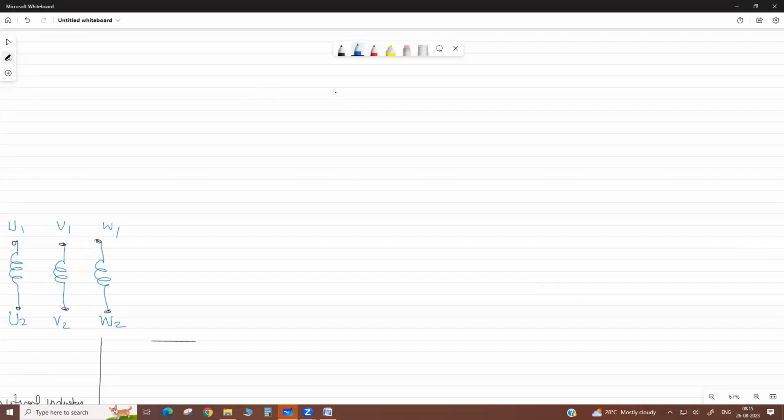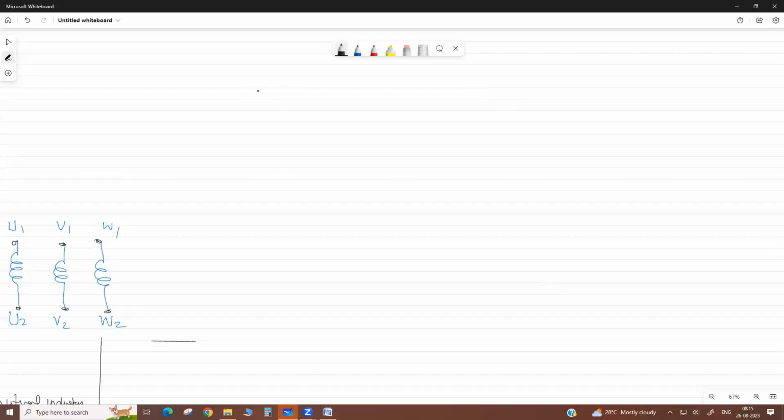Yes, thank you. Now see, take the example of the core of a 3-phase induction motor. There are 3 coils, but the iron core is the same.